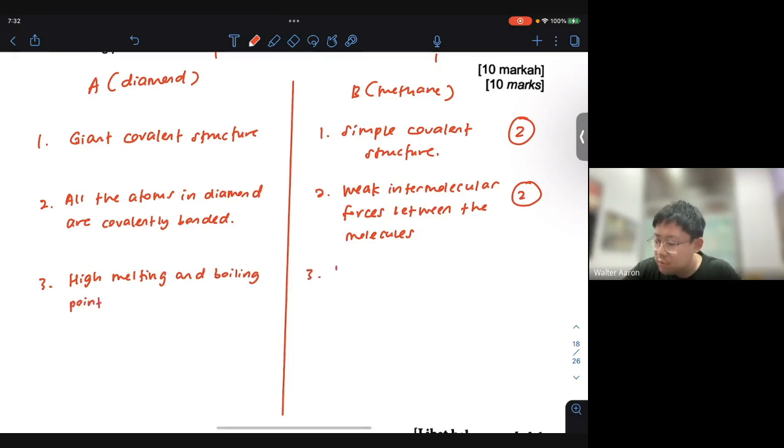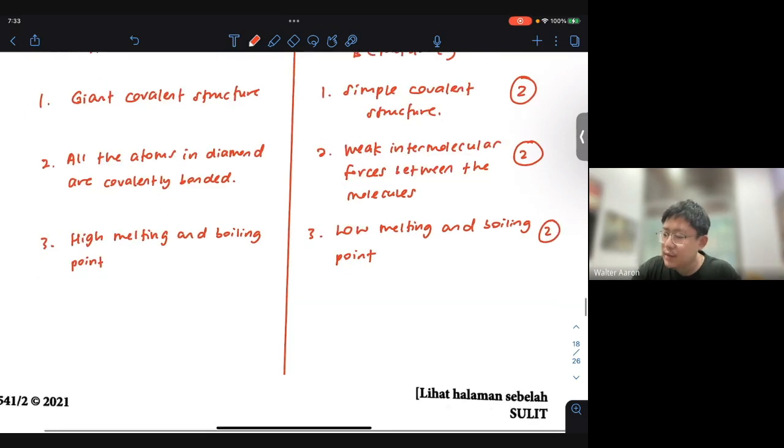And then this one is low melting and boiling point. Again, you get 2 marks already. And then the last one, you can explain why they have a high melting and boiling point, and why the other one has a lower melting and boiling point.